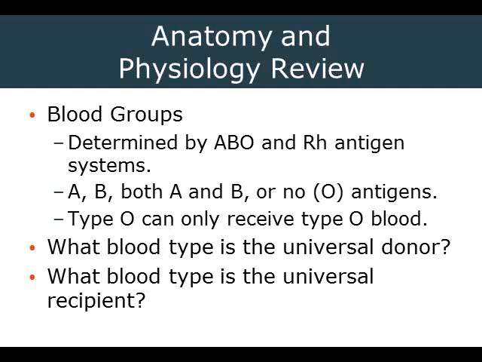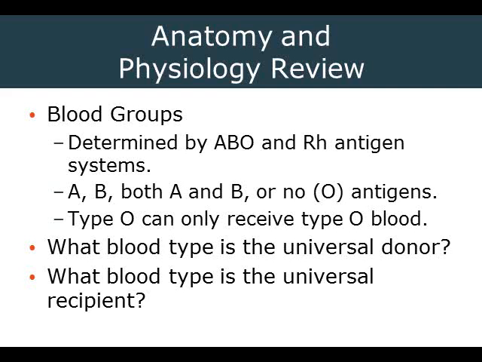Those are probably, in emergent settings, the ones we're really the most concerned with, because if somebody needs a transfusion, by knowing the ABO system and their Rh factor, we can usually get them an appropriate type of blood for transfusion.